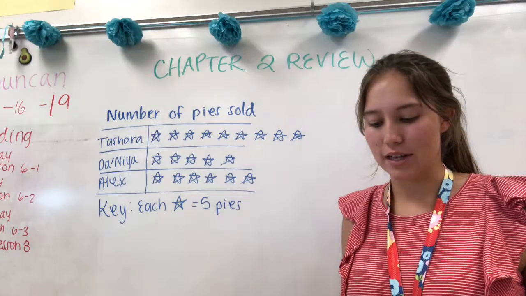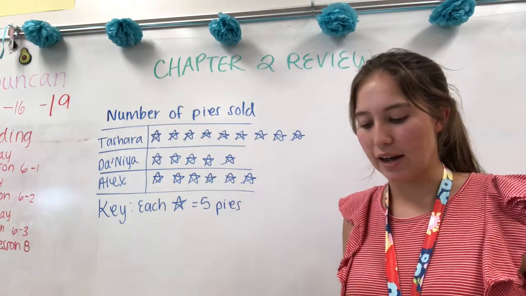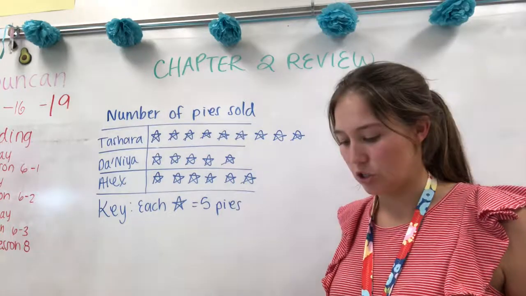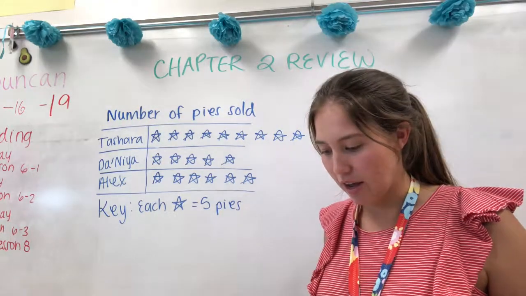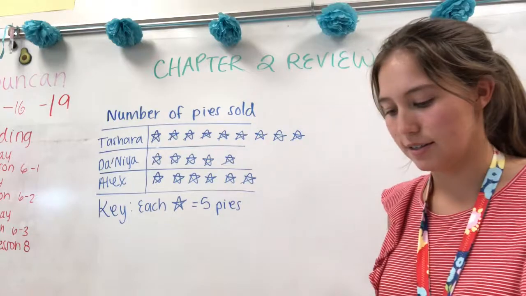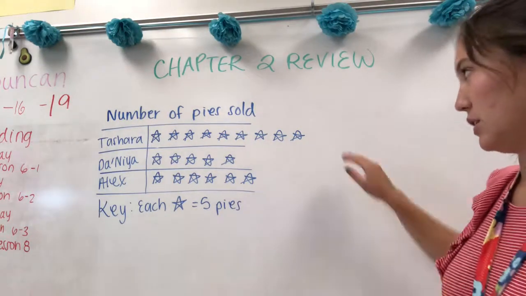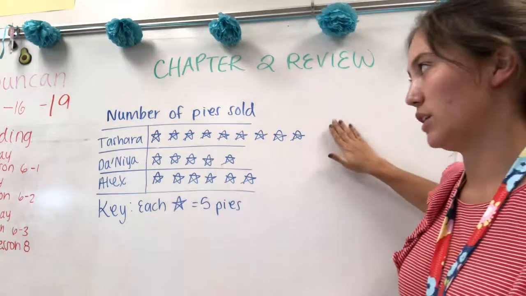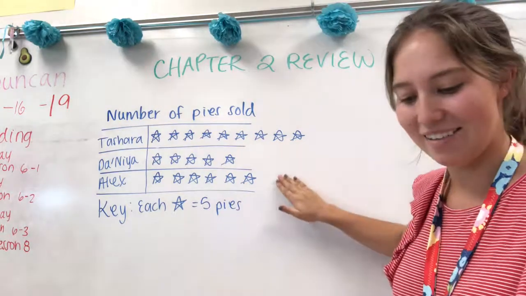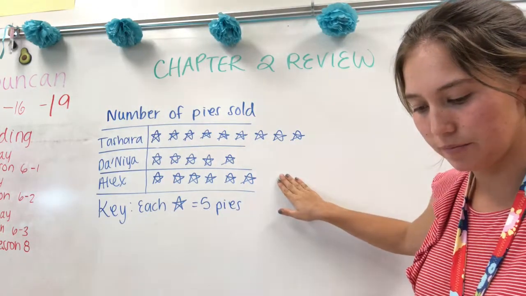How many more pies were sold by Tashara than Alex? How many more? So you need to find the difference between Tashara's amount of pies sold and Alex's number of pies sold.